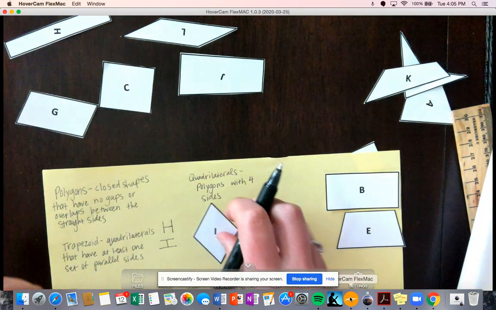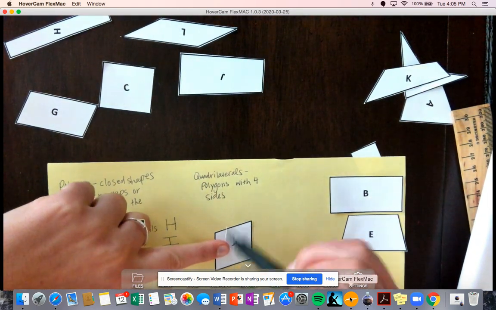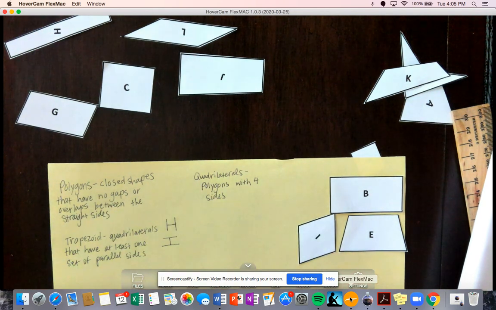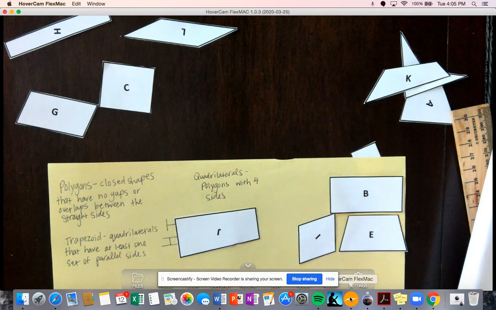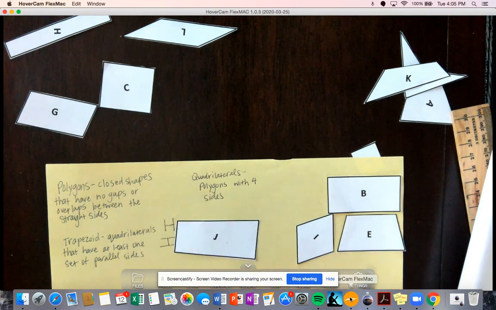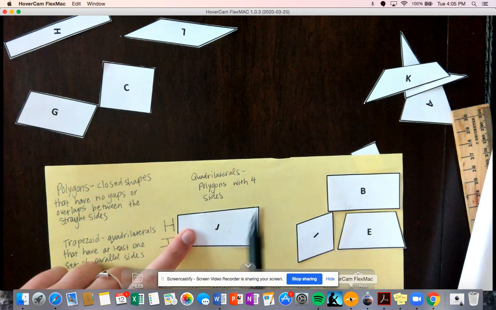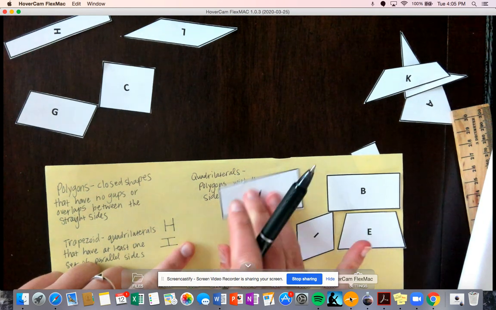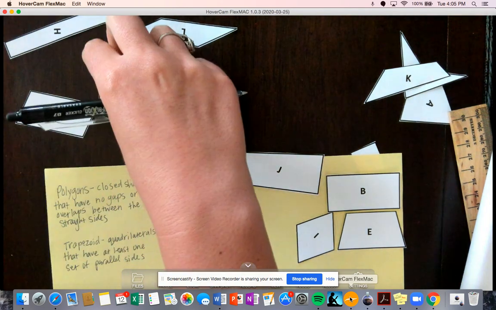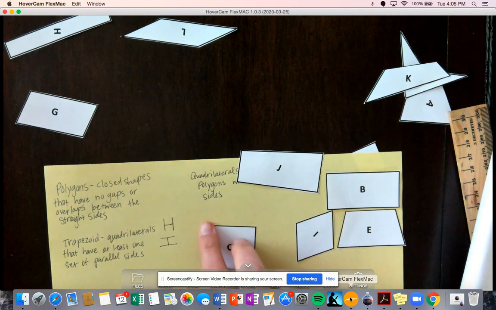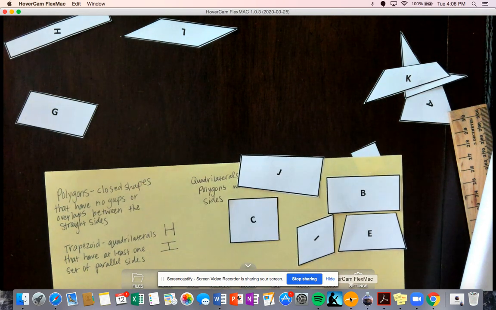If I look at I, I can tell that these two lines are never going to touch, and these two lines are never going to touch. So I. J. Okay, these two lines are trying to trick me, and they're not parallel, but these two are. So J has one set. C is a square, and it has parallel lines.